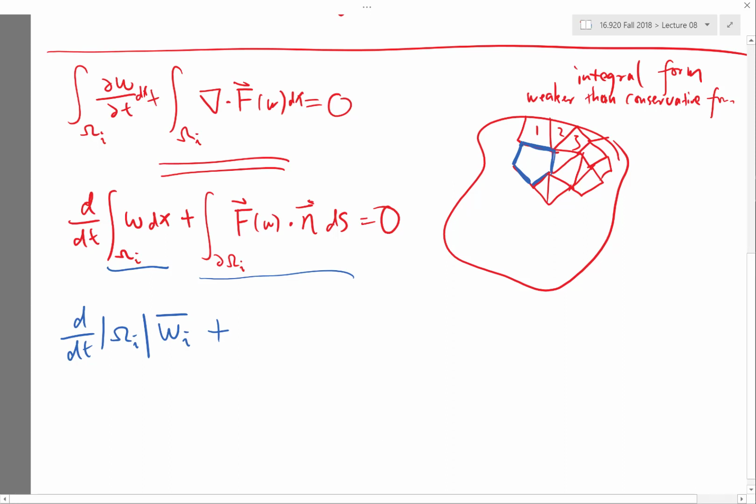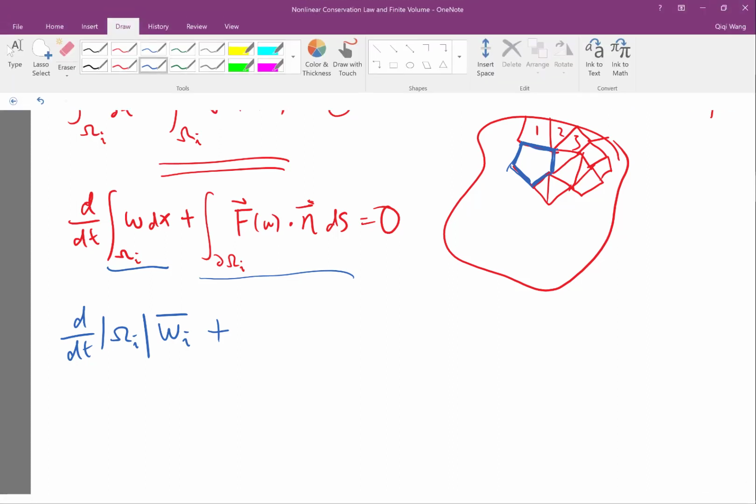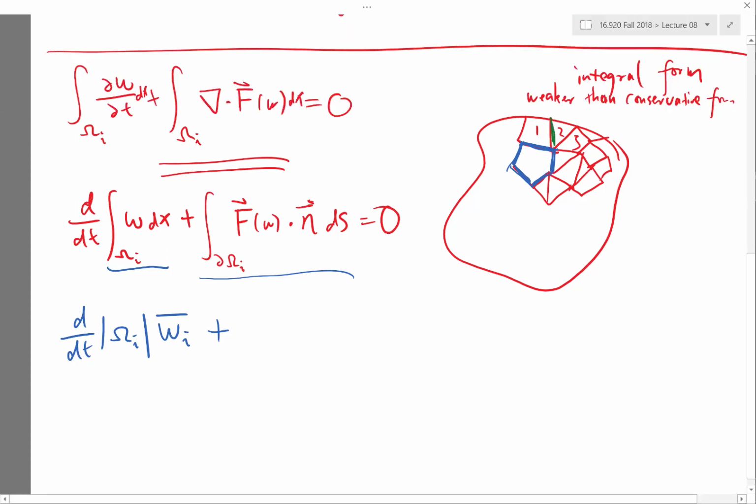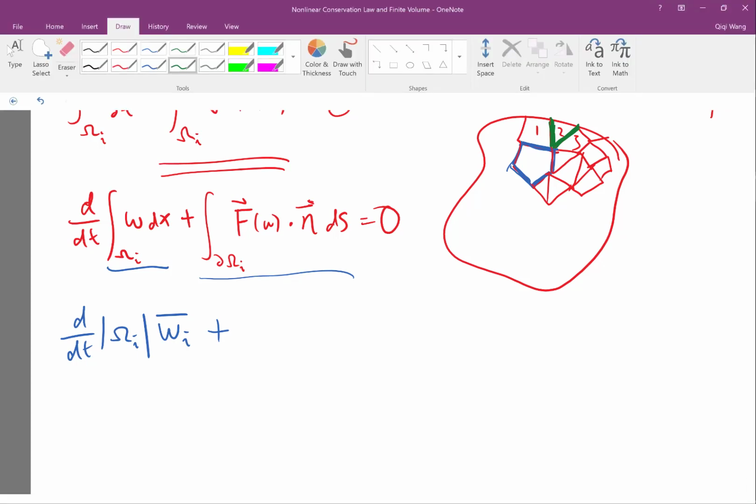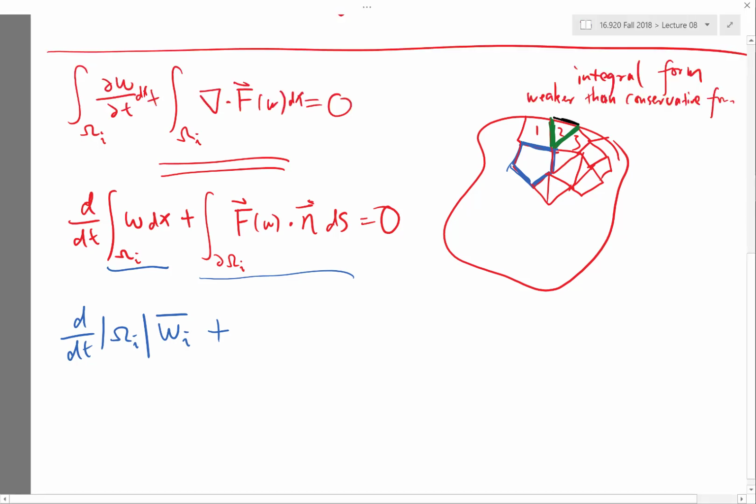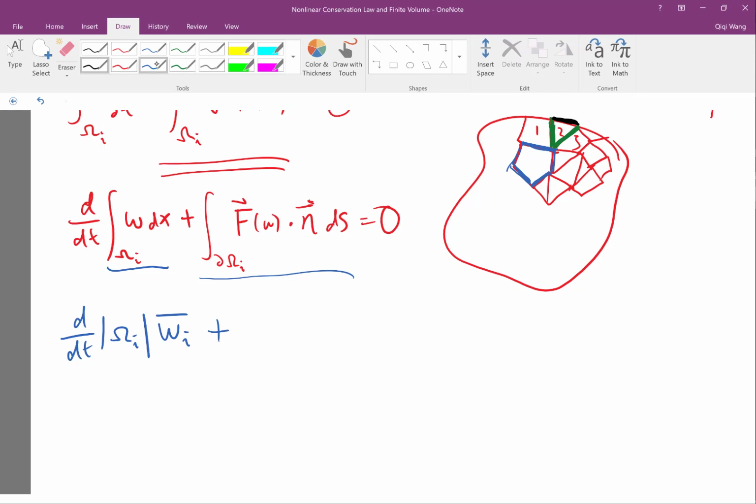For example, in the blue cell I just highlighted, every part of the boundary is between this cell and a neighboring cell. But if I look at the green cell, only these two boundaries are between a cell and a neighboring cell, and then there is another part of the boundary, in black, which is the boundary of the entire domain. So basically there are two parts.